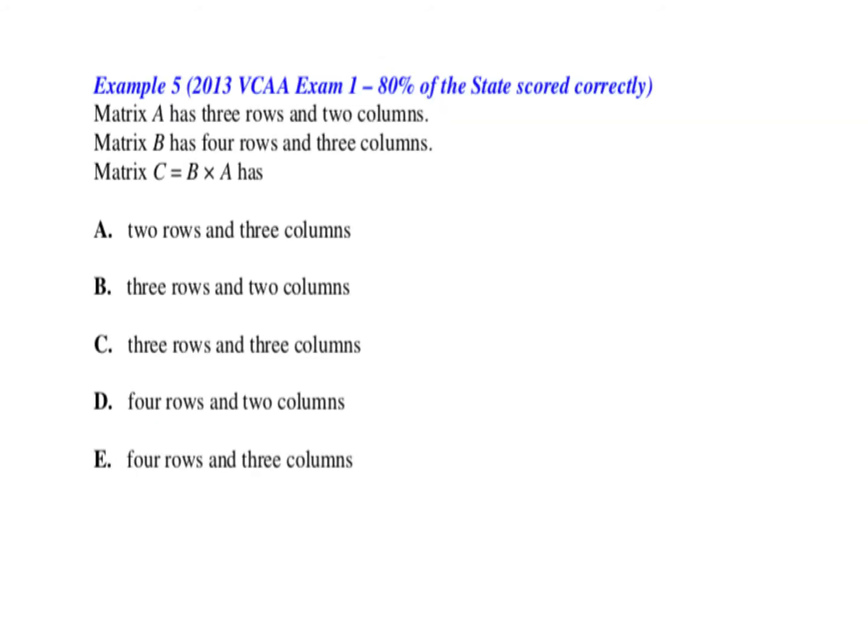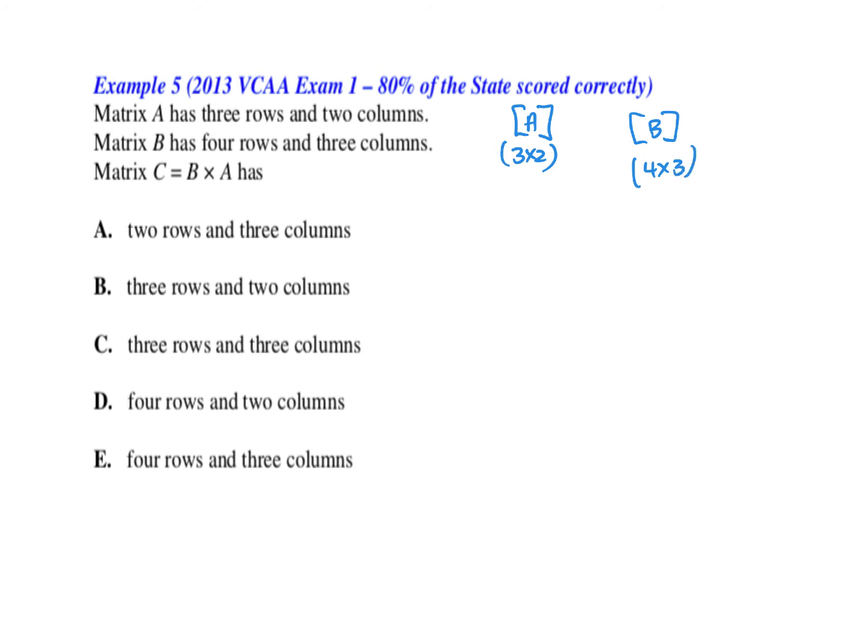Okay, so let's look at this one. Matrix A has 3 rows and 2 columns. I just like to write it out, so I need to visually see it. I think it'll make it a lot easier. And it says matrix B has 4 rows and 3 columns.